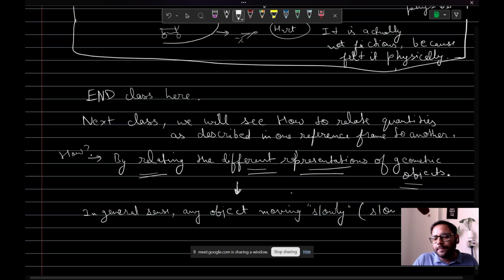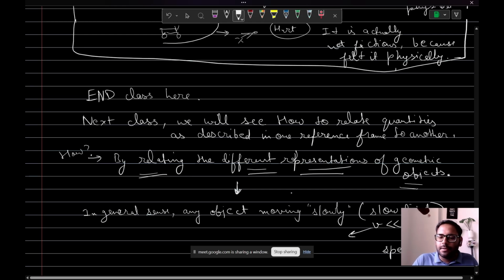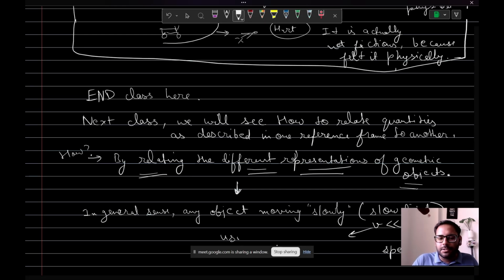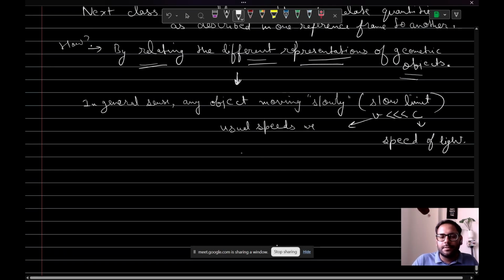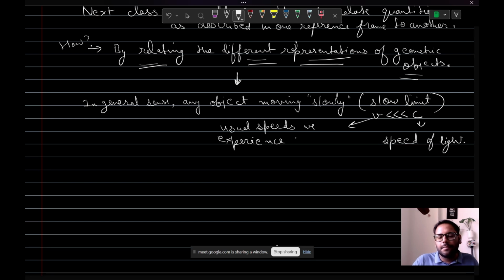The slow limit is when v is very, very much smaller than the speed of light. That is our usual speeds we experience in daily life.